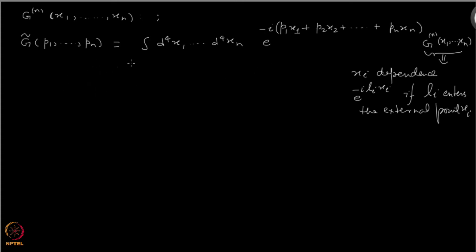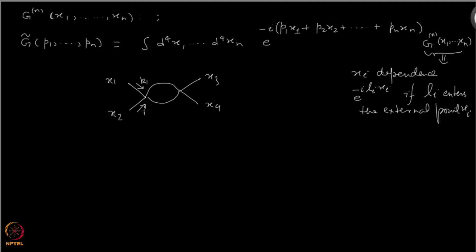Right now I am drawing gn, this diagram which I was calling f. So, you have this object and we had assigned the momenta like this last time.